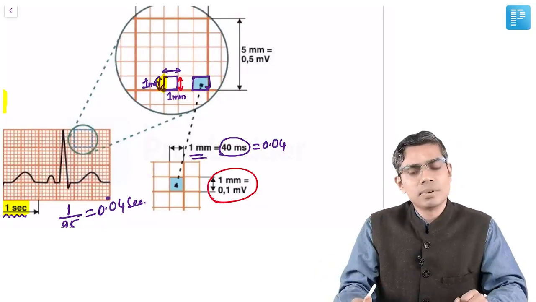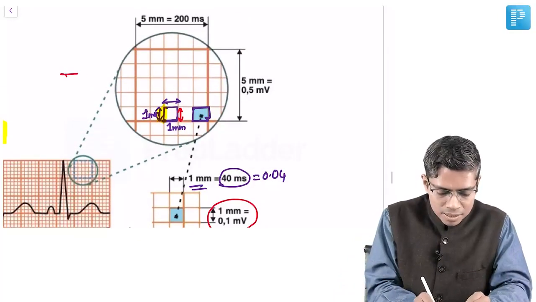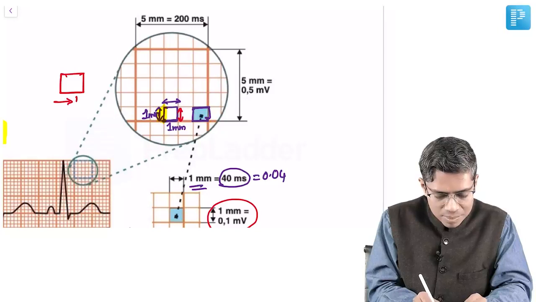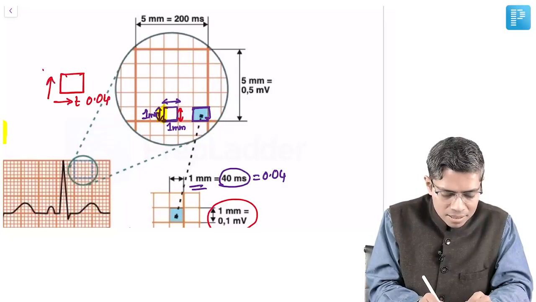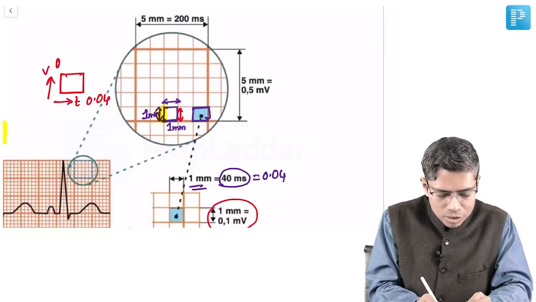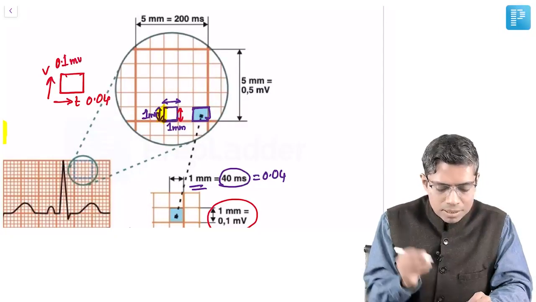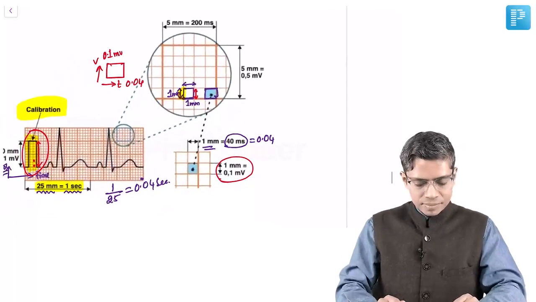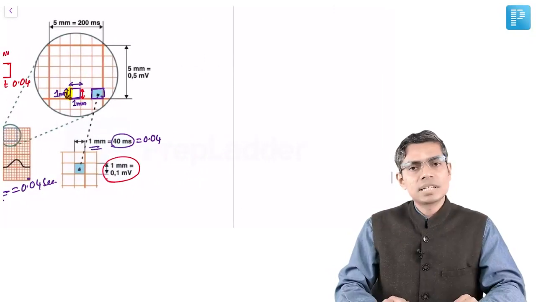So now I came to know that for the smallest box in the ECG, the x-axis is the time axis and this is 0.04 second, and the y-axis is the voltage axis and this is 0.1 millivolt. Right?